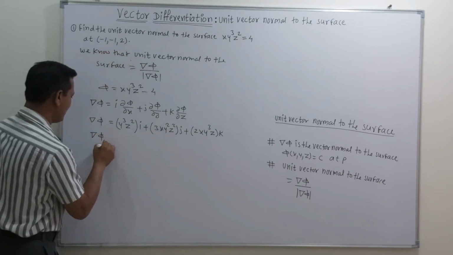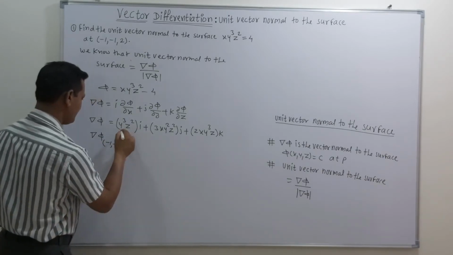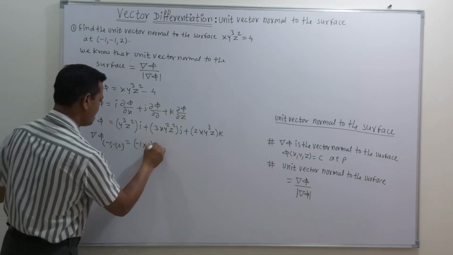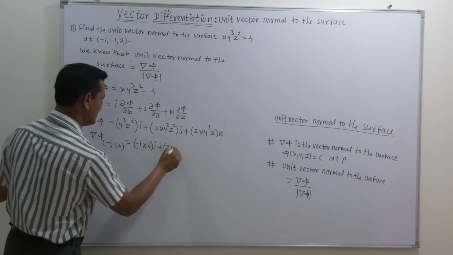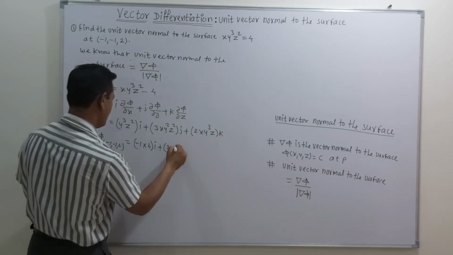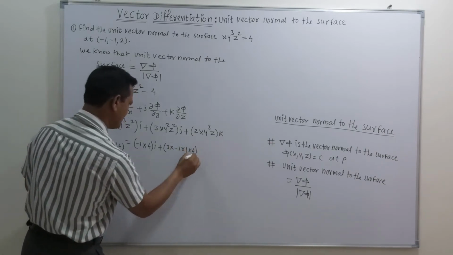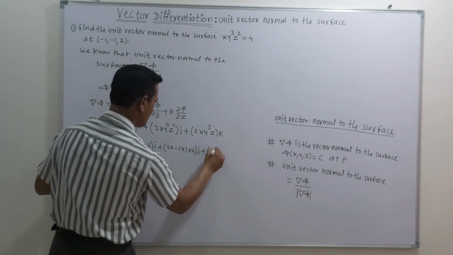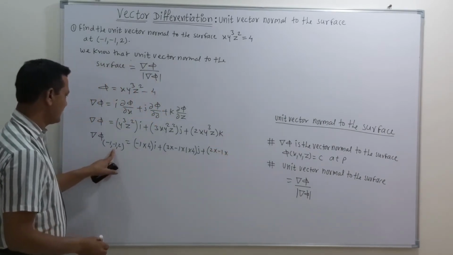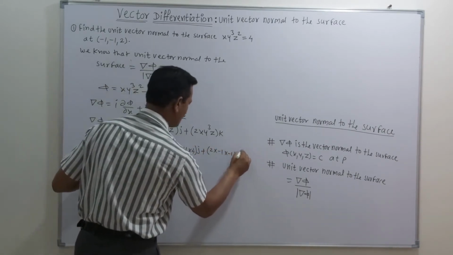If we find del phi at this point, we get: (-1) cube is -1, into 2 square, which is 4, into i, plus 3 into x, which is -1, into y square, which is 1, into z square, which is 2 square, that is 4, into j, plus 2 into x, which is -1, into y, which is -1, its cube is -1, into z, which is 2, into k.